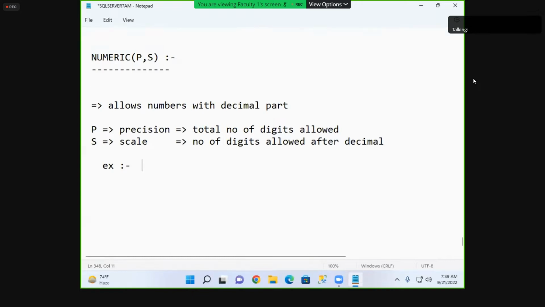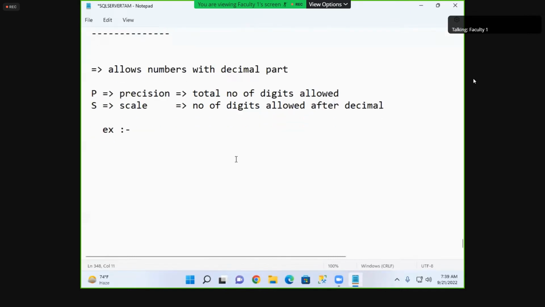Salary may be float; after adding tax, etc., salary becomes float. Student ID, integer. Student average may be float, 60.50 something like this. Yes or no?